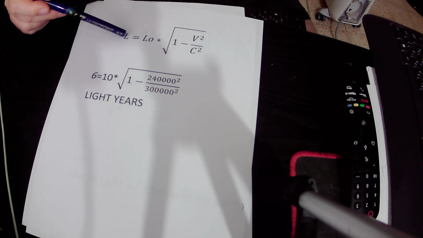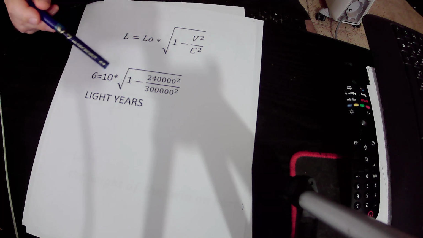after the distance shrunk because of the fact that the body or the object is moving at very high speed. So the distance between Earth and the star Epsilon will be shrunk to 6 light years, only.